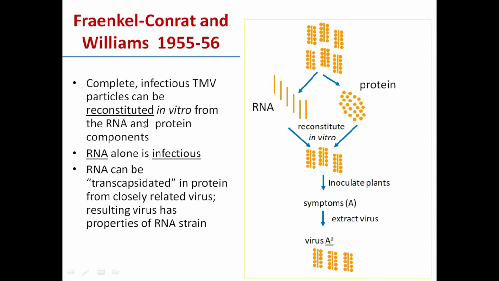So complete infectious tobacco mosaic virus particles can be reconstituted in vitro from the RNA and protein components. RNA alone is infectious, and RNA can be transcapsidated in protein from closely related virus. So we'll see this in the next slide.